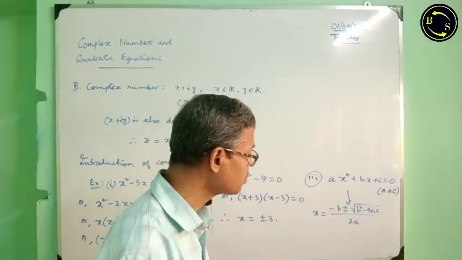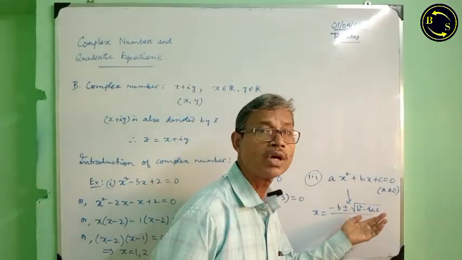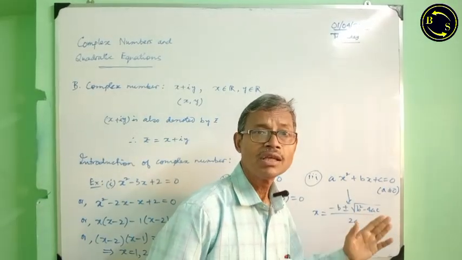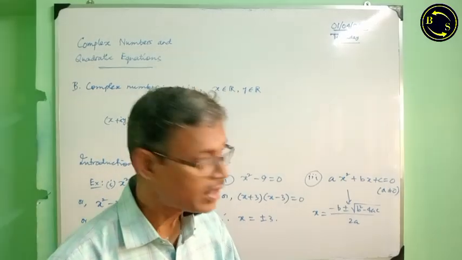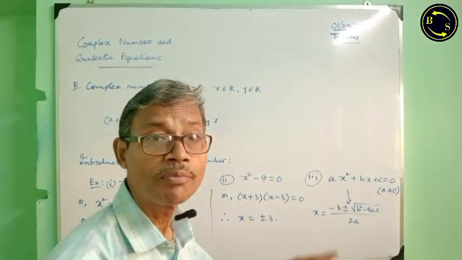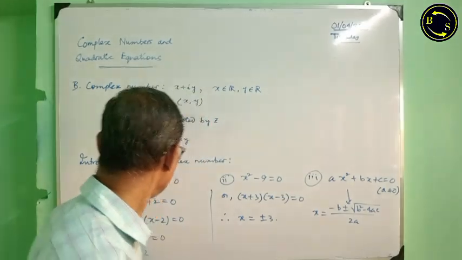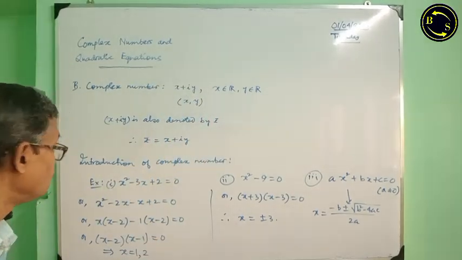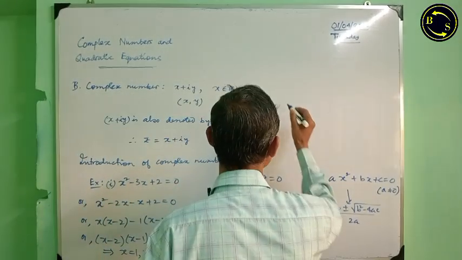And in some cases we see b square minus 4ac may be less than 0, then the problem occurs. Now I take a few more examples like this.